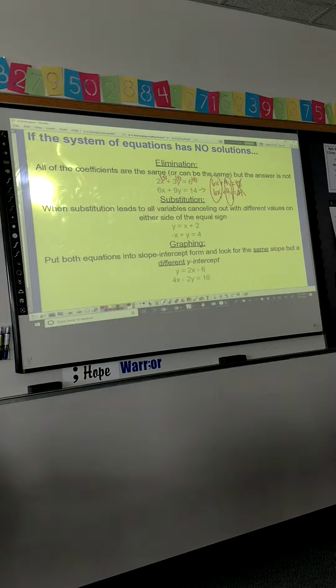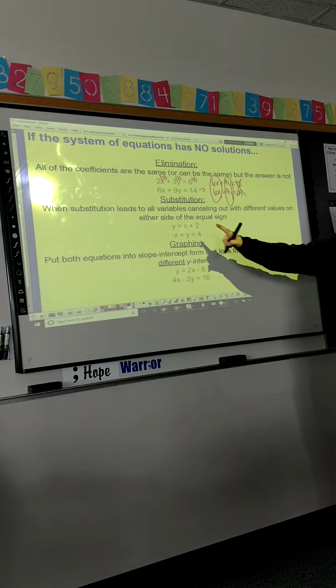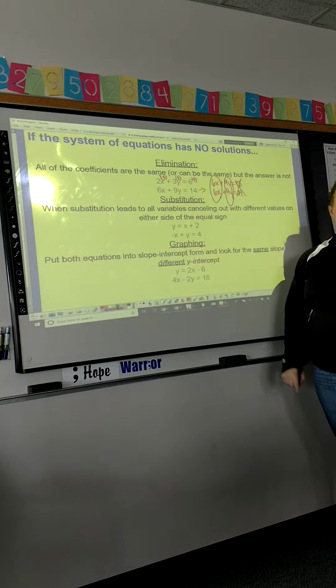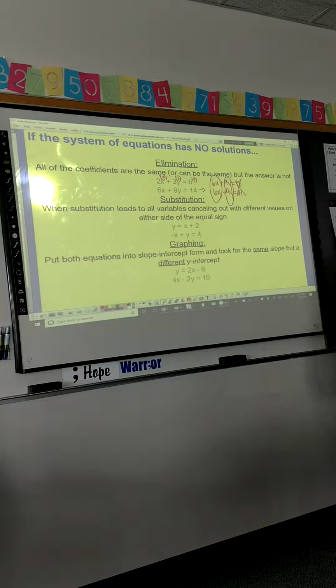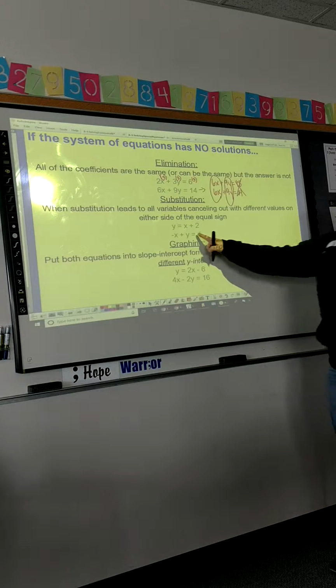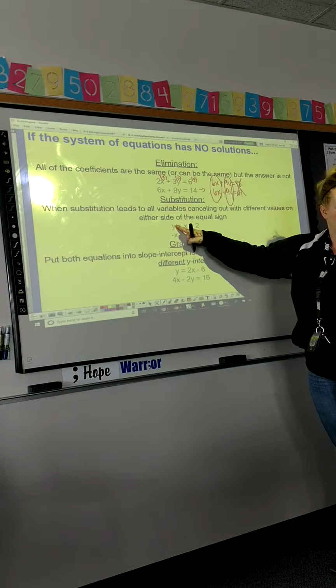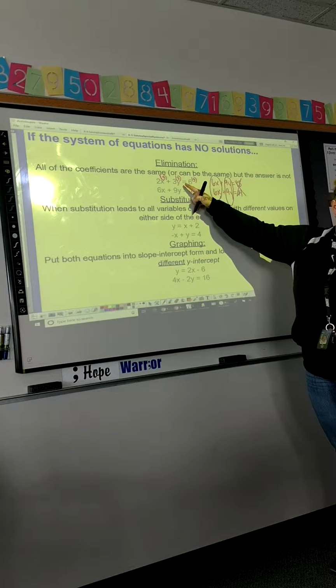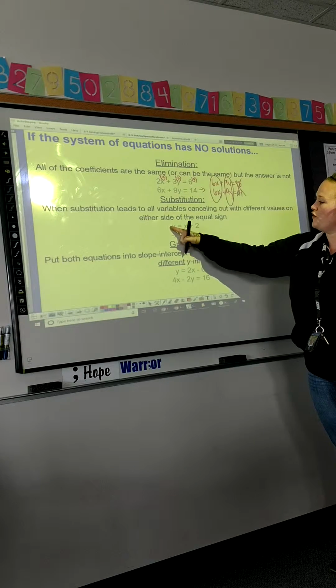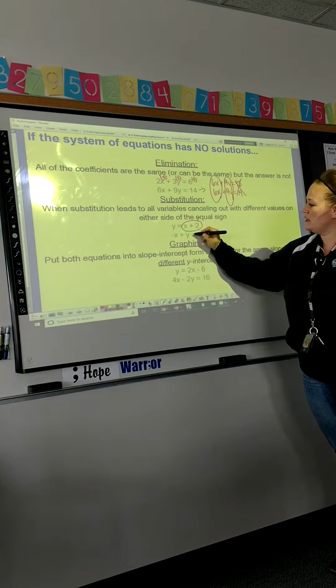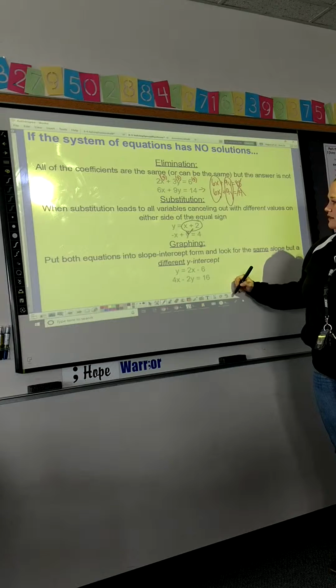With substitution, a good sign that we should even do substitution would be what? You have to get y equals. There's either a y equals or an x equals. See how the equal signs do not line up? Elimination is not ideal here. So if I know that this is what y equals, then I'll put it in for y.